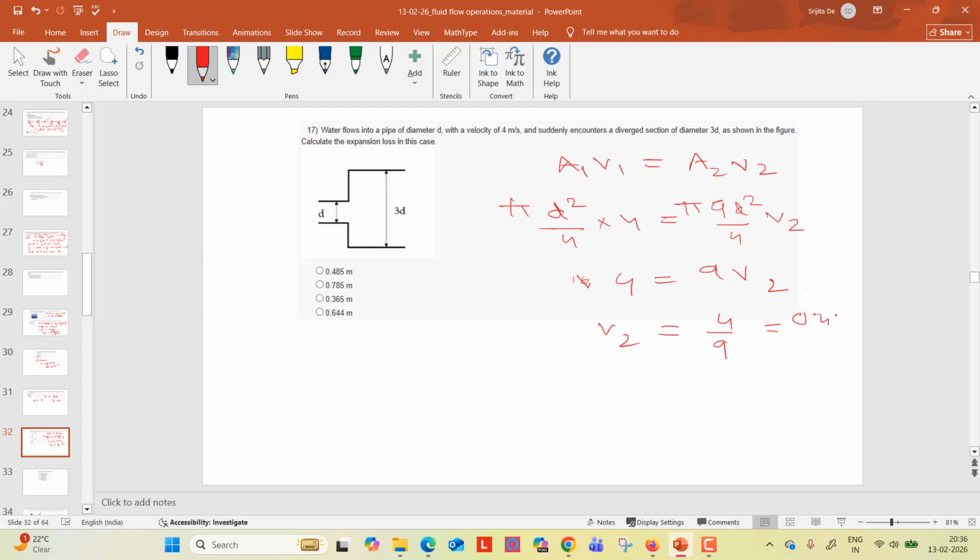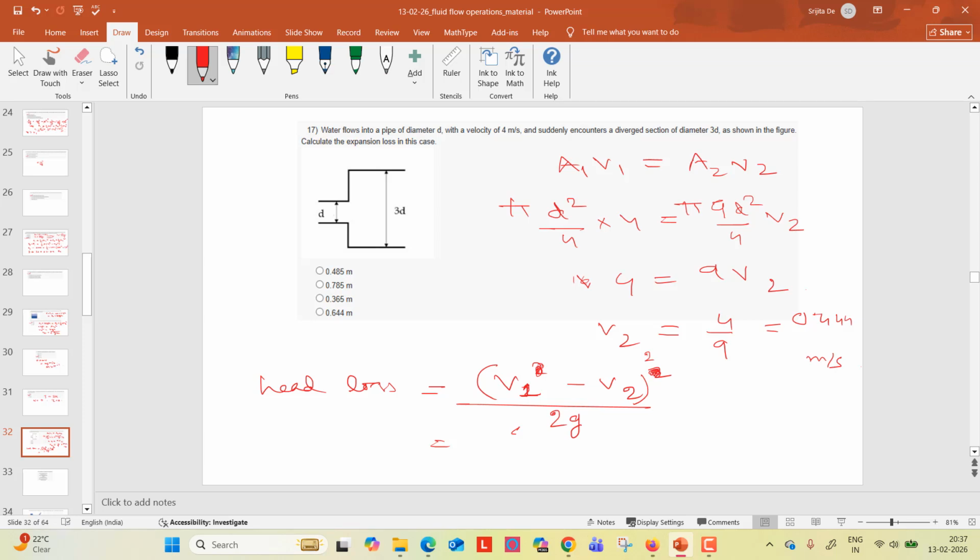0.444 meter per second. Now the head loss can be calculated as V1 minus V2 whole squared by 2g.